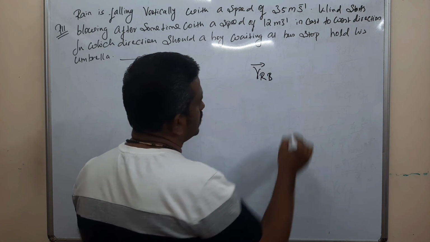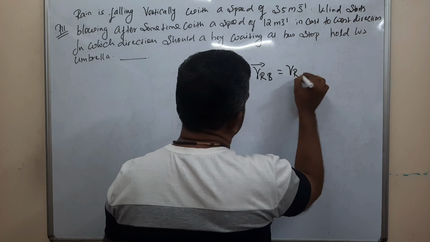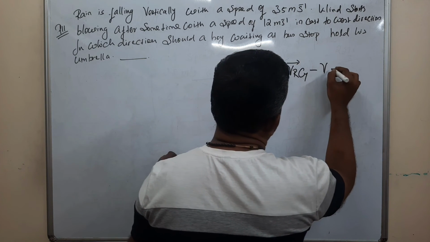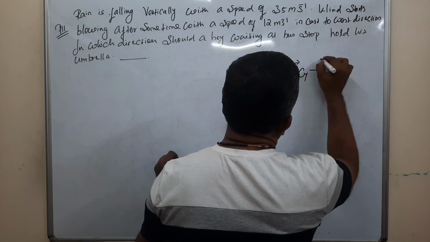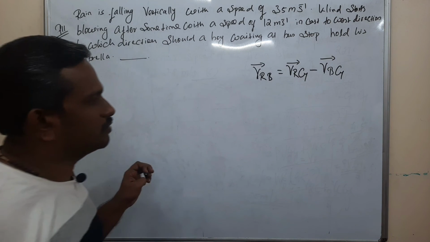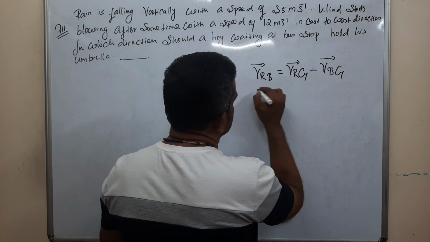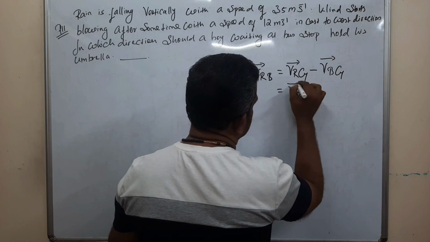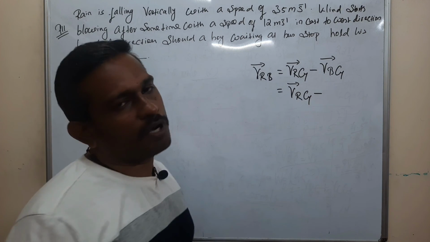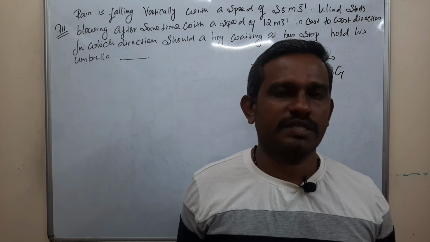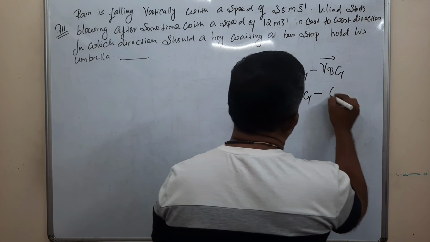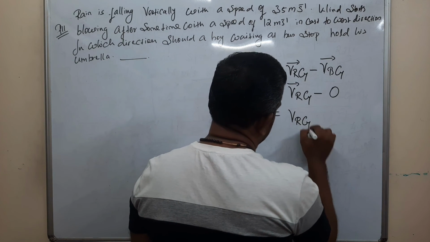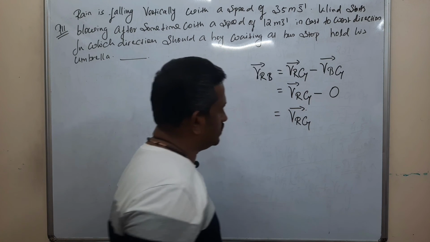That is equal to velocity of the rain with respect to the ground minus velocity of the boy with respect to the ground. The boy is stationary, so that's 0. So it equals the velocity of the rain with respect to the ground.